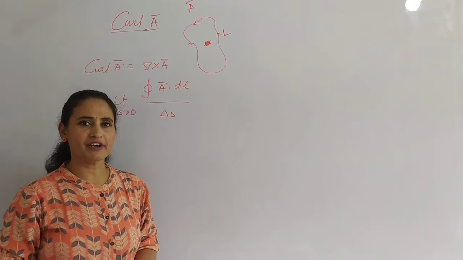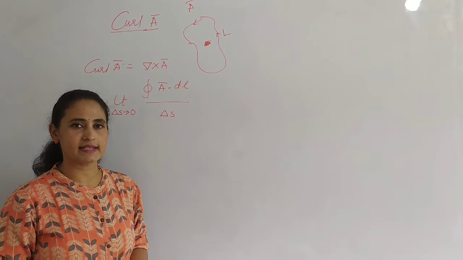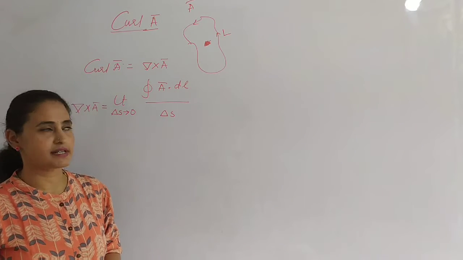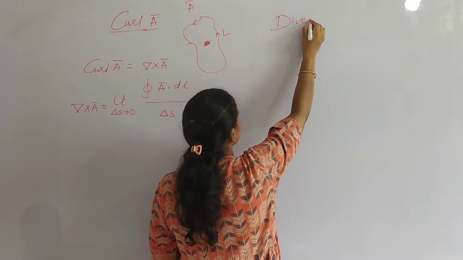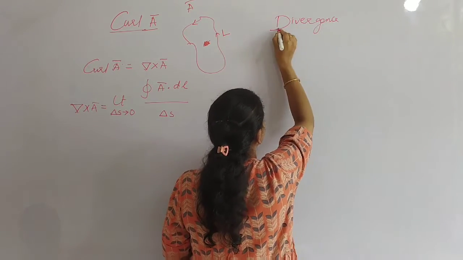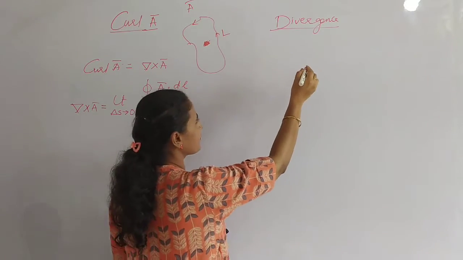In a similar type of definition, have you gone across it in previous classes? Yes, of course, in the divergence. So what is the divergence? Why are we defining the divergence? What is the divergence of a vector field?